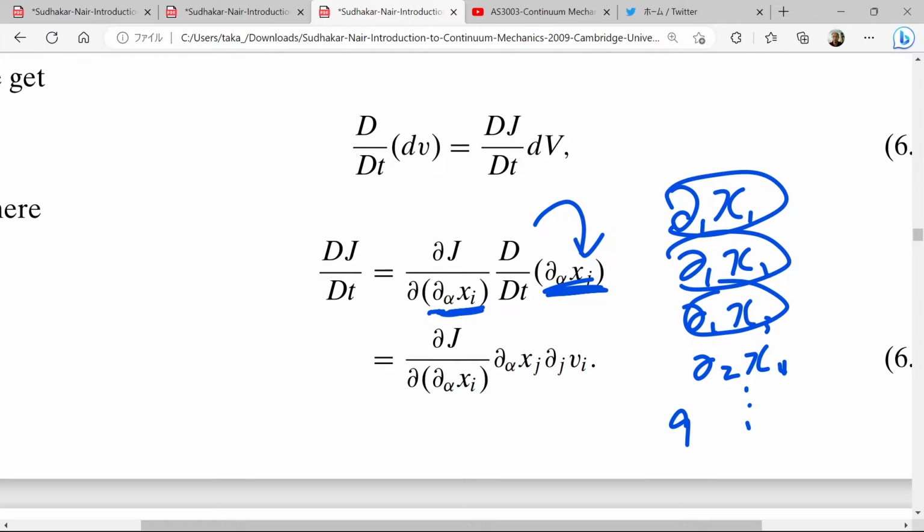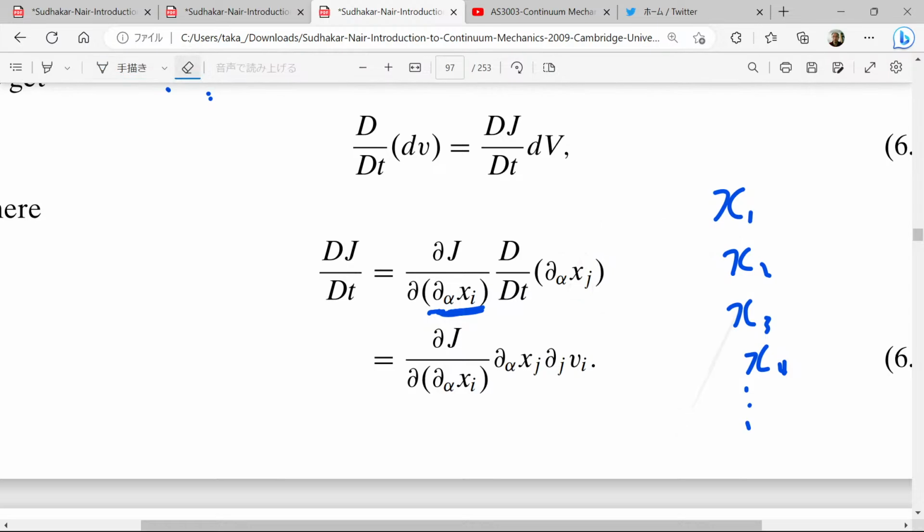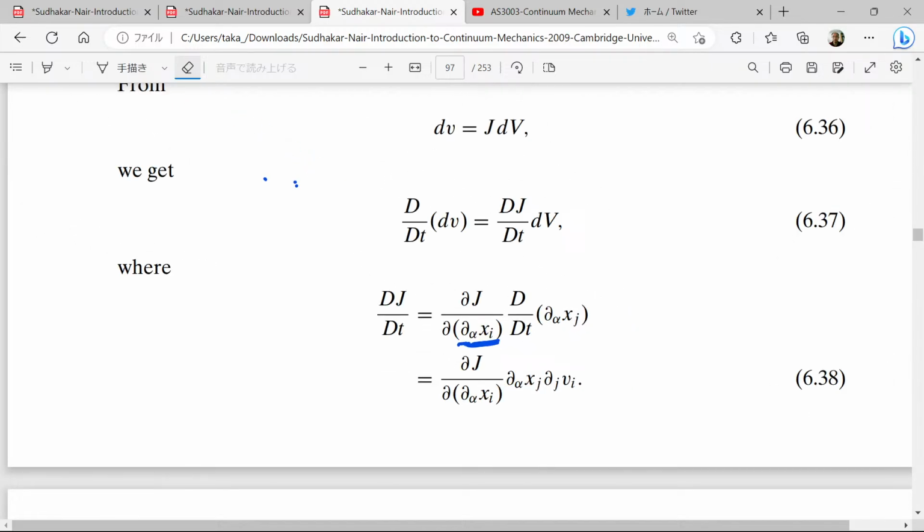Is this strange partial? How do you understand this? I forgot. Vi to partial alpha xj.